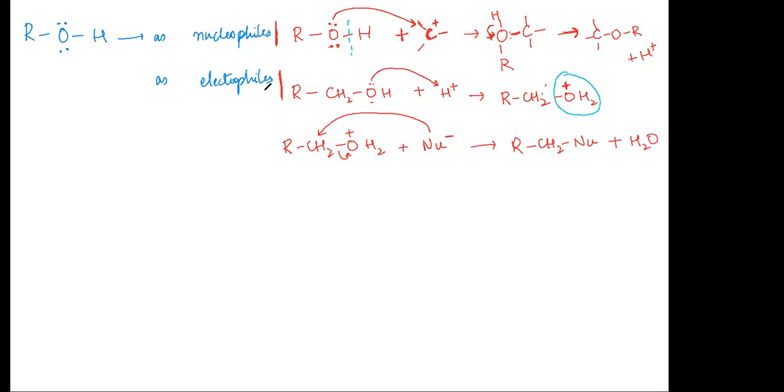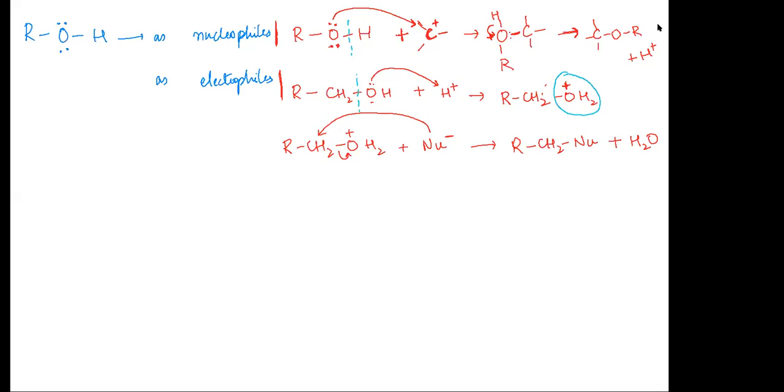Okay. So when alcohols act as nucleophiles, what is happening is the OH bond is getting cut. When alcohols act as electrophiles, so this happens when you have a proton, like basically the alcoholic group gets protonated, which is why the oxygen pulls the pair of electrons that it is bonded to CH2 with towards itself, and the bond between C and O is the one getting cleaved in this case.